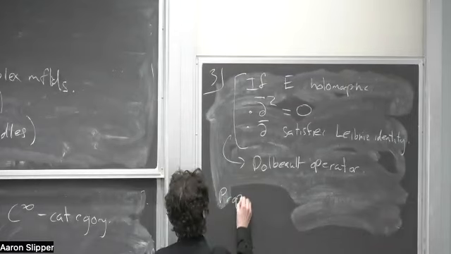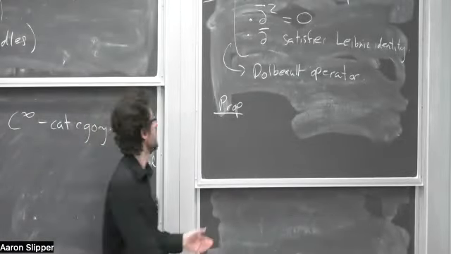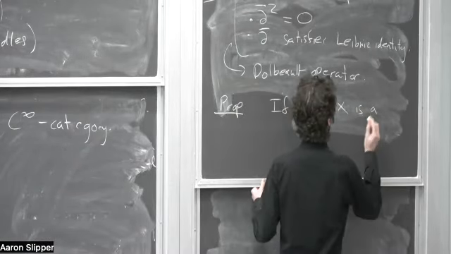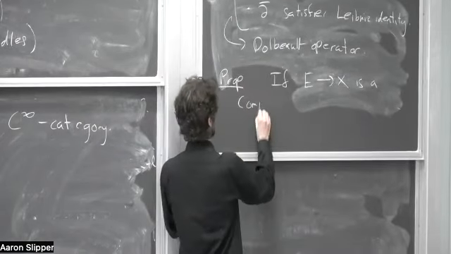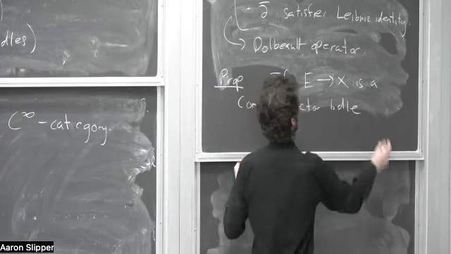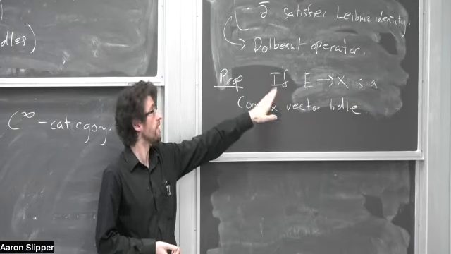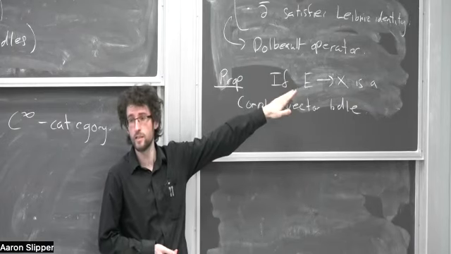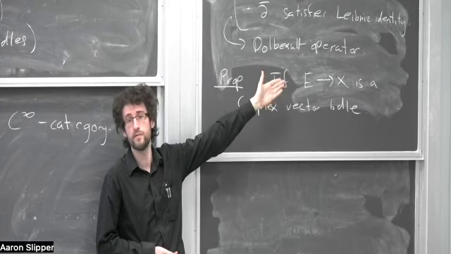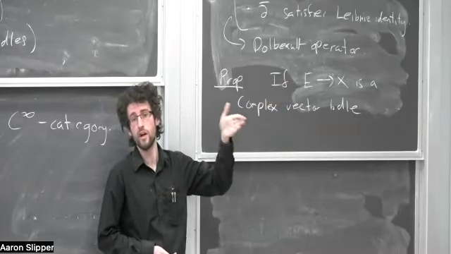And the idea is that if E mapping to X is a complex vector bundle, what this means is basically the bundle is living in the C infinity world. So the transition functions are C infinity functions going to GL_n rather than holomorphic functions.